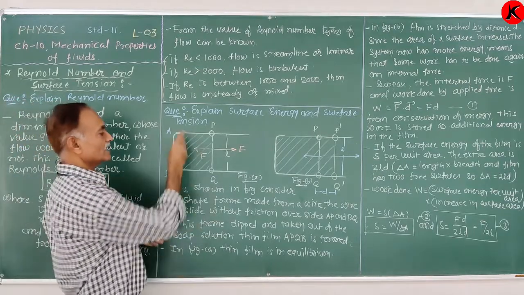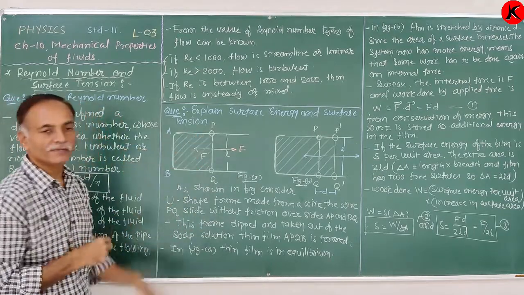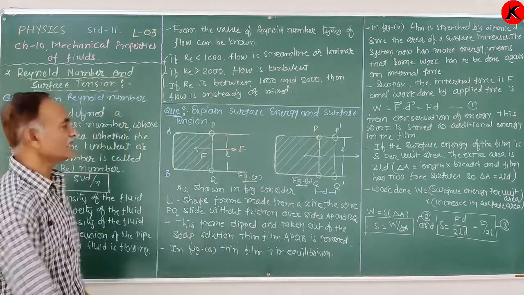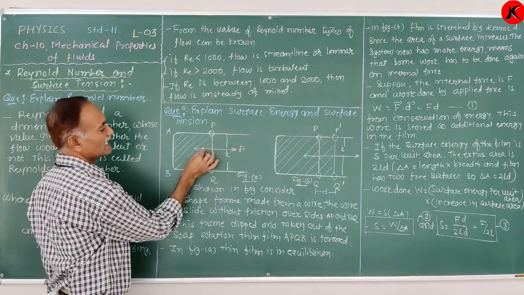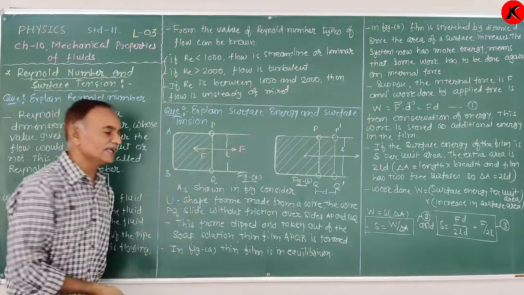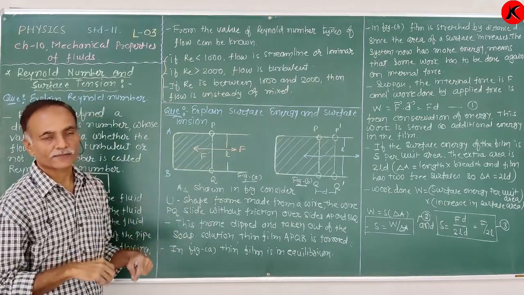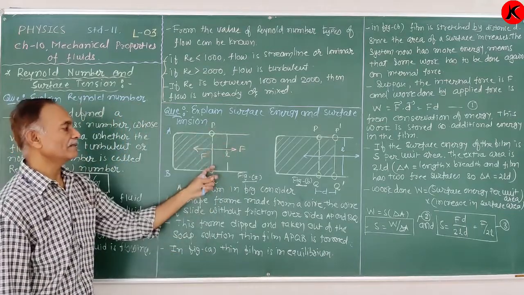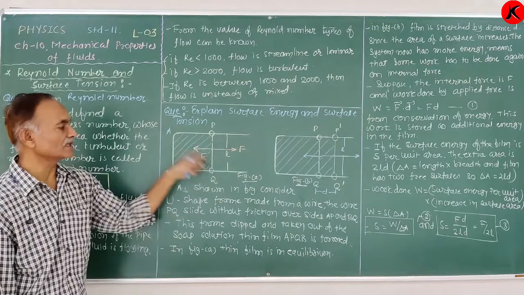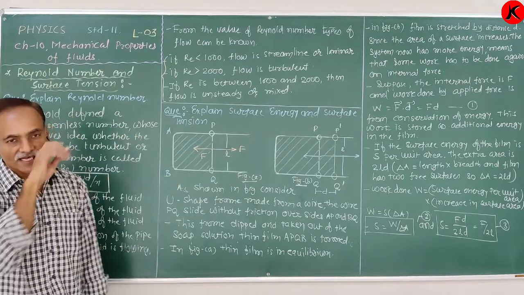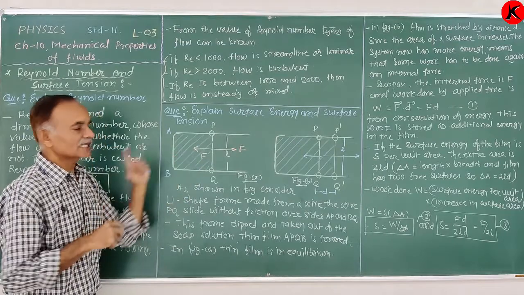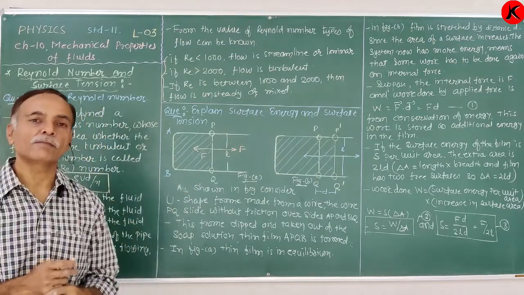Here, the film APQB has the tendency to contract its surface, and as a result, the wire PQ has the tendency to move towards AB. Therefore, we have to apply a proper force on the wire PQ in the opposite direction. As a result, this thin film APQB is in equilibrium.